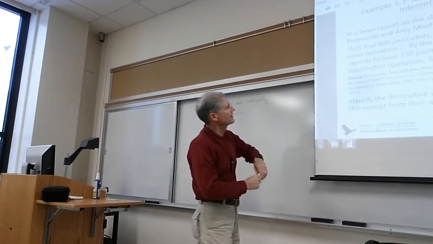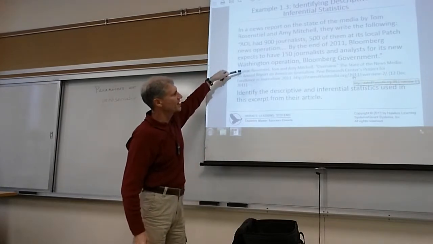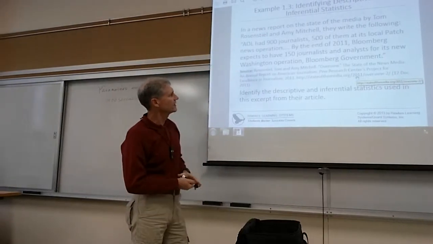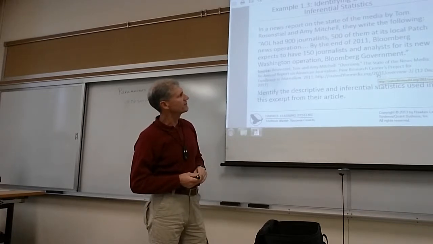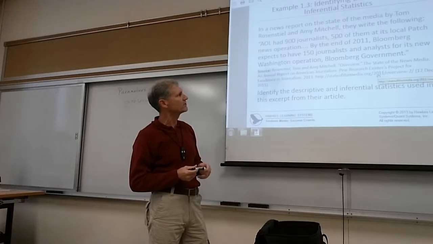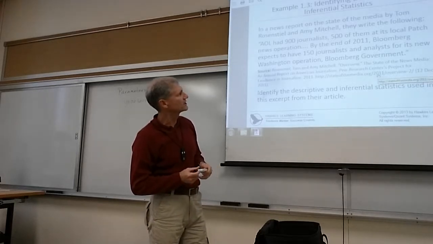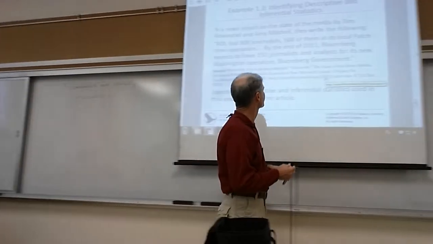Okay, we've got a sentence or two here that was actually published in a report. AOL had 900 journalists, 500 of them at its local patch news operation by the end of 2011. Bloomberg expects to have 150 journalists and analysts for its new Washington operation, Bloomberg Government.